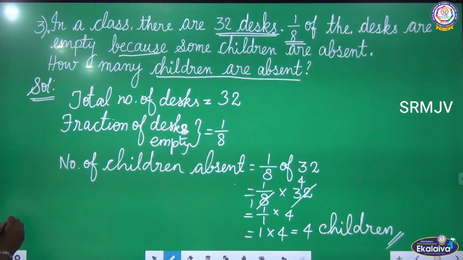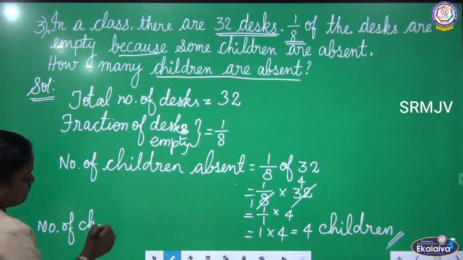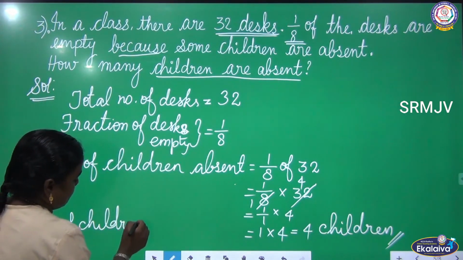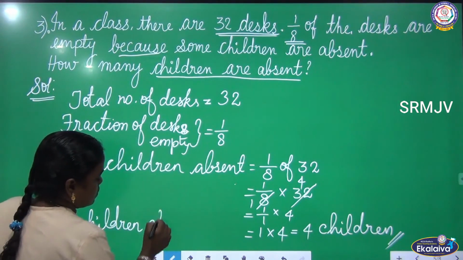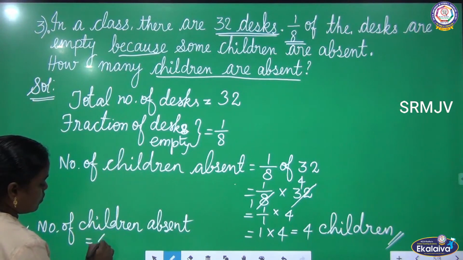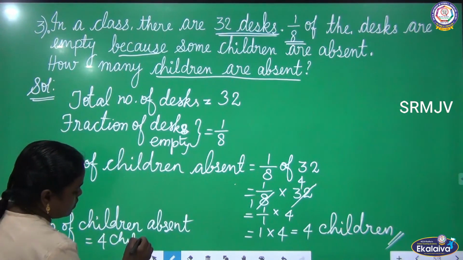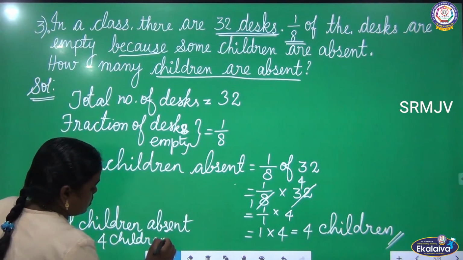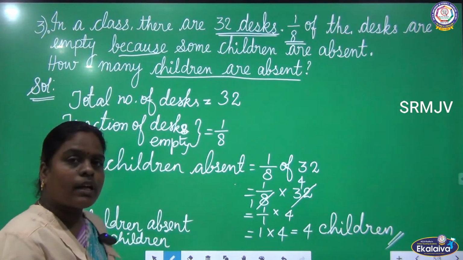Let us write the answer. Number of children absent equals 4 children. Let us move to the next question.